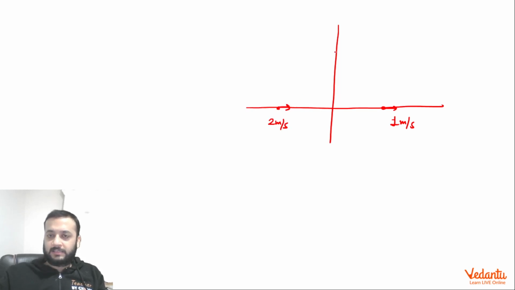The third man at this instance is somewhere over here, and this height has been given as 12 meter. So they form an isosceles triangle according to the question, and this distance is 5 and this distance is also 5. This is 12, so this will be 13 and 13, right?